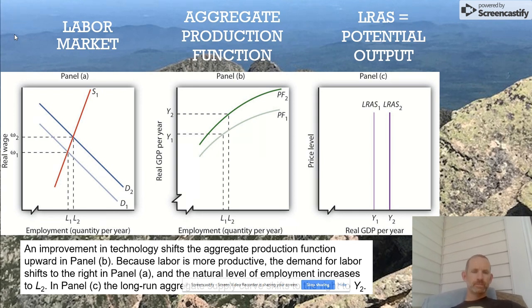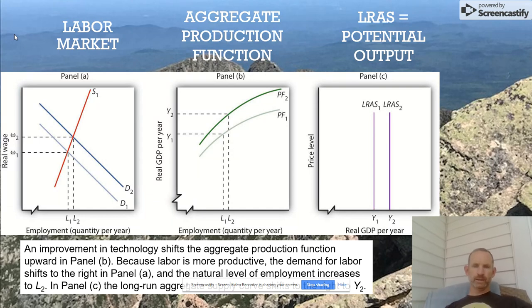That will increase the demand for labor. So that's what you see in panel A, increasing demand for labor. That pushes the wage rate up and causes more people to be employed. More people employed doing more productive things pushes the long run aggregate supply curve out to the right. So this is showing you economic growth.